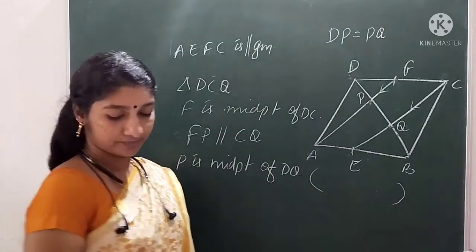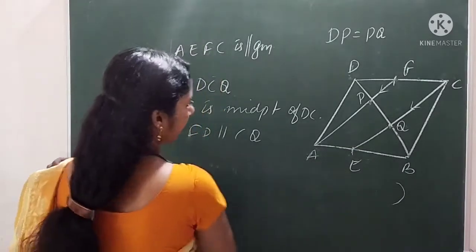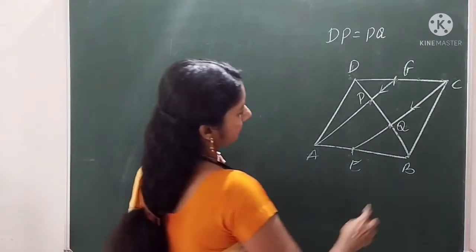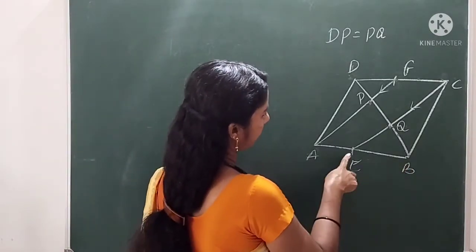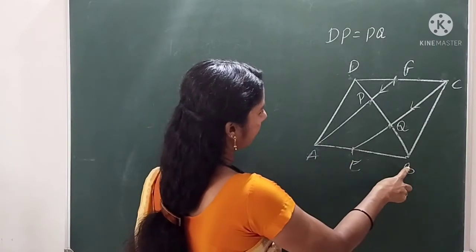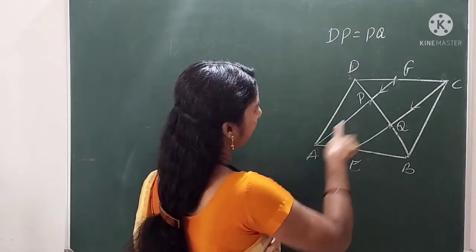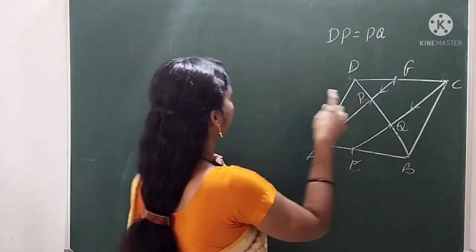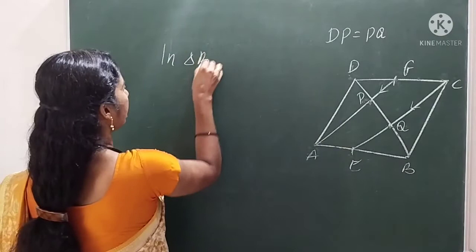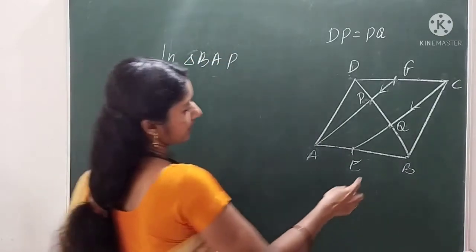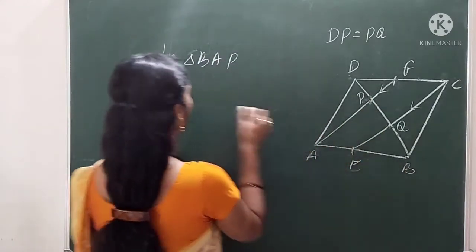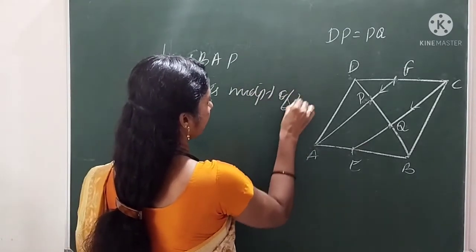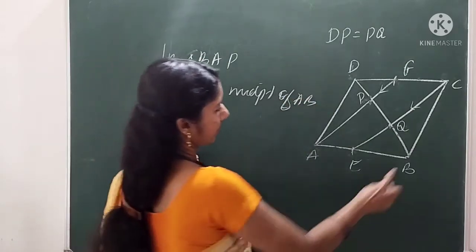Then, same way, you can consider the triangle BAP. In triangle BAP, E is the midpoint of the side AB.